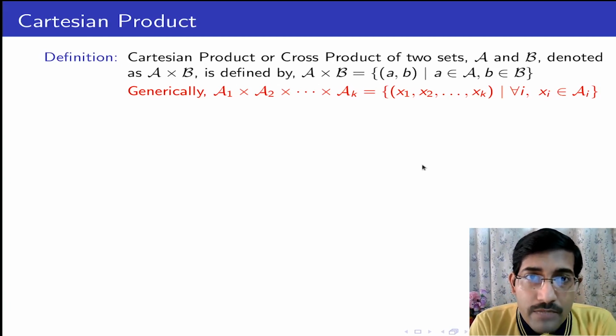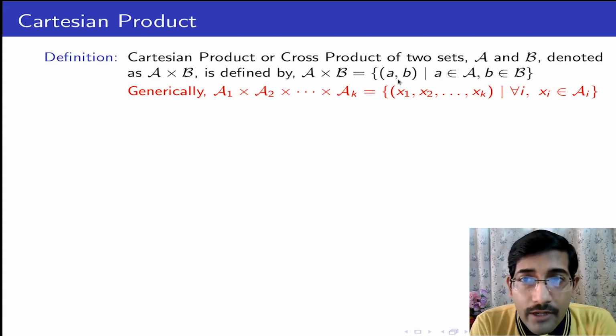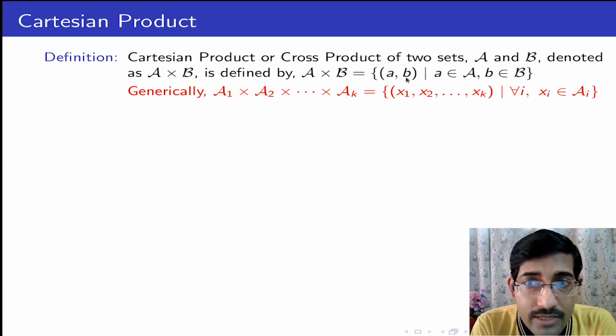The first basic primitive that we extend from sets is known as the Cartesian product. The Cartesian product or cross product of two sets is defined as follows: we define the set A cross B as the pairs (a, b) such that a belongs to set A and b belongs to set B. Now try to relate it to the complex number, where we map two real parts: a is the real part and b is the imaginary part, but both are real values.